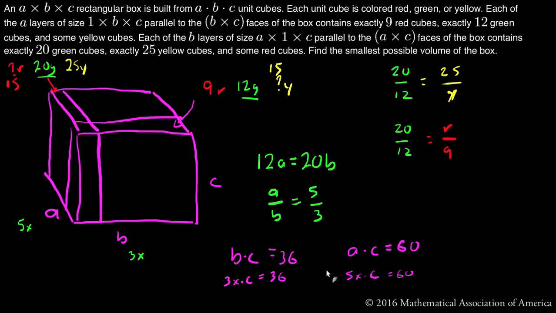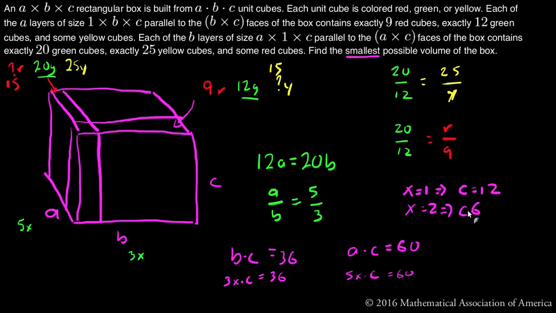Dividing, you still get 12. And the thing that you have to consider here is what's going to give me the smallest volume. So I see that if x is 1, that implies that c will be 12. But if x is 2, that would imply that c would be 6.